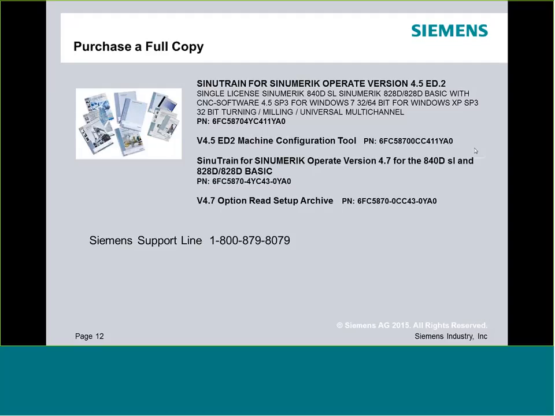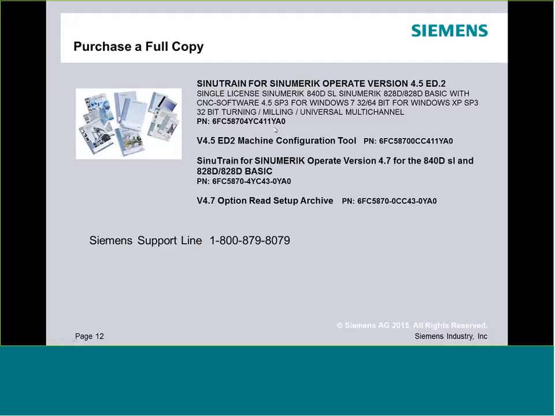In some cases, some of the machine tool manufacturers don't look to actively promote Sinutrain or sell it. They refer it to us. So in that case, you're more than welcome to call our 1-800 number, our main Siemens support line, and they'll be able to get you a quote and go through the whole process so you can purchase it directly from us as well. So what you have here is the first one is the actual Sinutrain seat for 4.5, and the part number here is 6FC number.